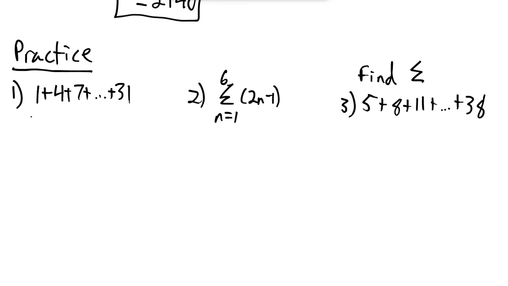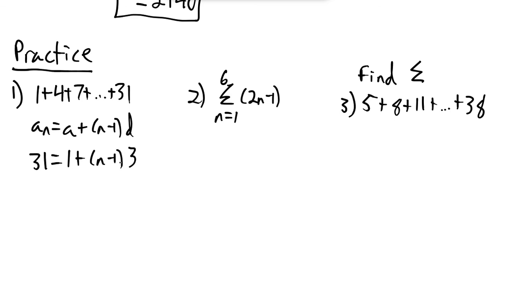All right, welcome back. Let's get started with this one. So we have all of these, but we don't know the number of terms. Easiest way to find that is going to be to write it out. So let's write out the formula. a sub n is equal to a plus n minus 1 times d. a sub n is 31. We start off at 1 and we're adding, we don't know how many times, but we're adding 3 to it each time.